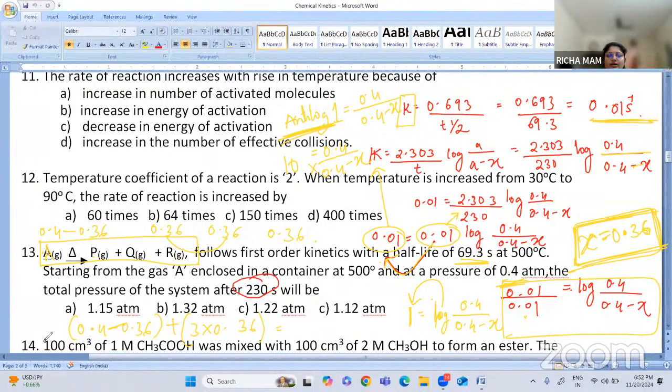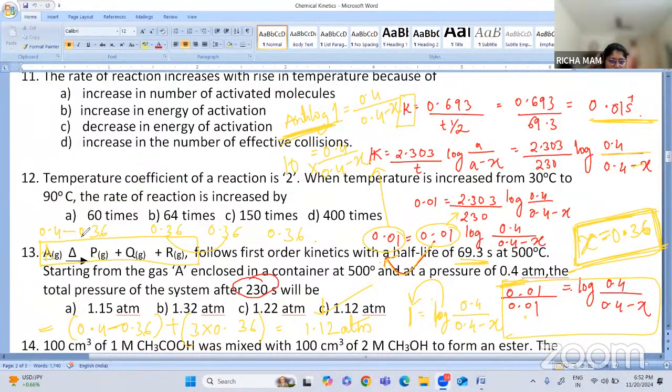So 0.4 minus 0.36 is 0.04 plus 3 into 0.36 is 1.12, so 1.12 atm. So option D. I'm getting option D as the answer.